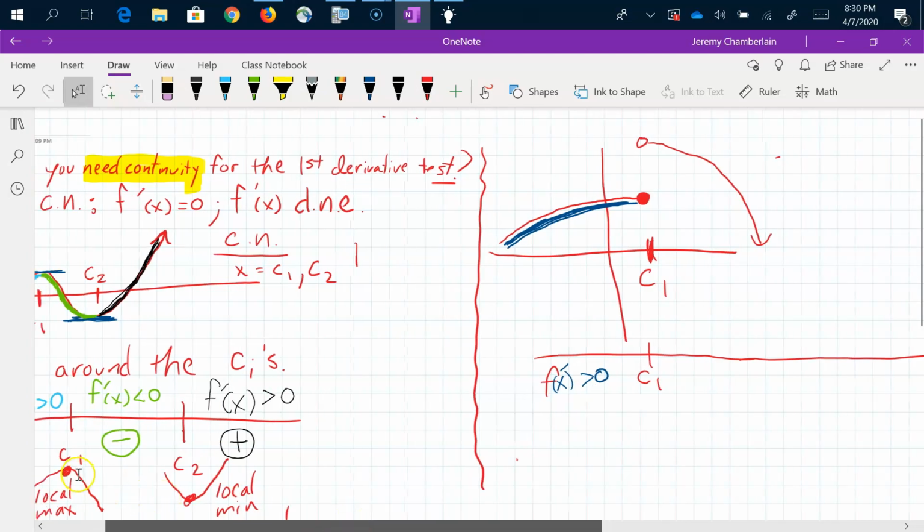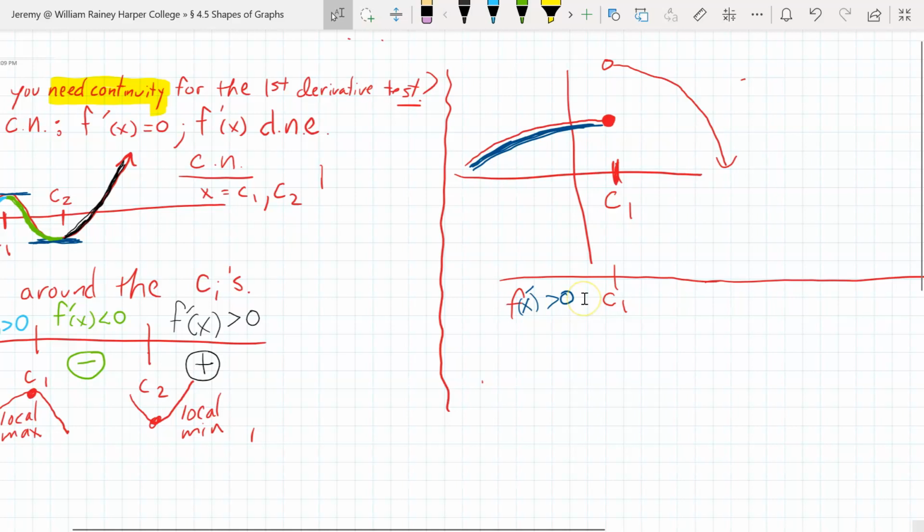Positive here on this side. And on the other side, it's decreasing, decreasing, decreasing. And so the derivative is less than 0, or negative.